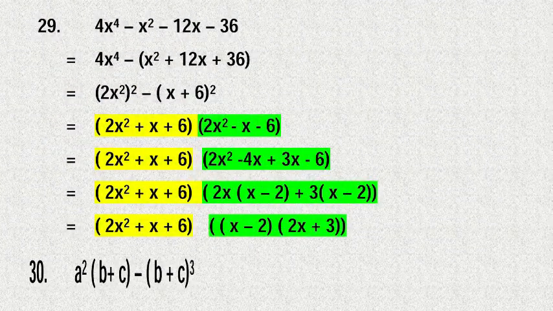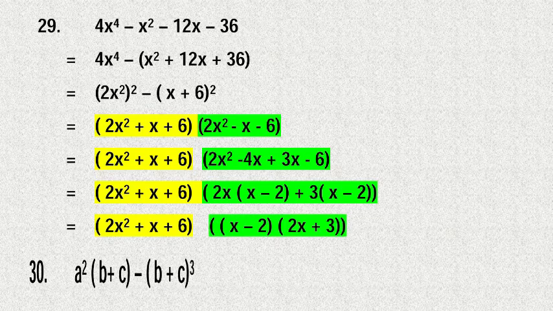Question number 29. 4x to the power of 4 minus x square minus 12x minus 36. Take out minus as a common factor from the last three terms, then within the bracket x square plus 12x plus 36 remains. That can be expressed as x plus 6 whole square.